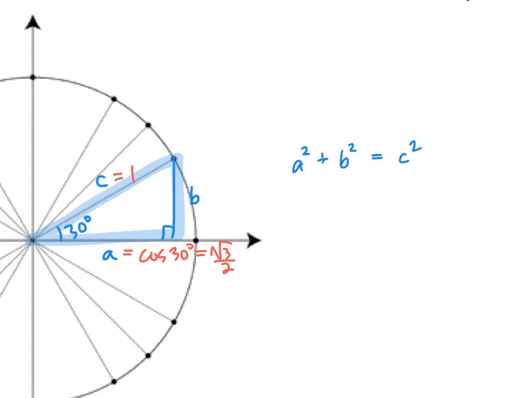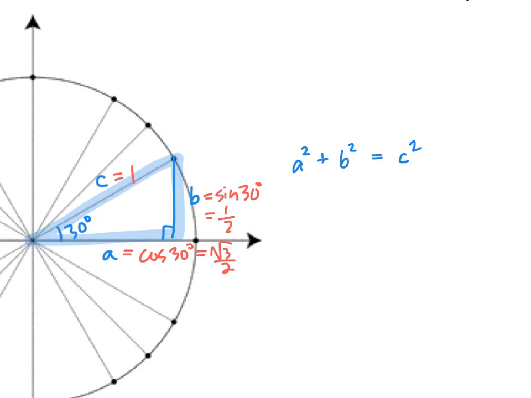Make sure that you refresh your memory on unit circle values, because if you don't, this chapter is going to take forever. You have to memorize the unit circle like a multiplication chart so that it will be fast. So b is sine 30, the y part of 30 degrees, which is 1/2.